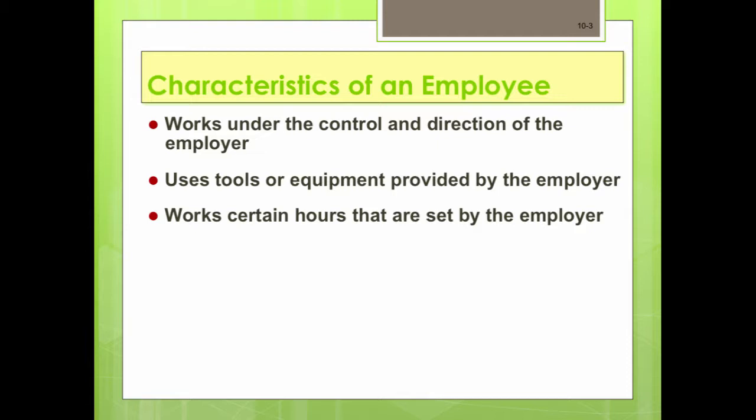An independent contractor, however, works unsupervised, usually away from the employer's facility. What we will be discussing in terms of withholding is for an employee and not for an independent contractor. An independent contractor is responsible for paying all payroll related taxes on their own. They don't have an employer, so they are responsible for making sure those taxes are paid.